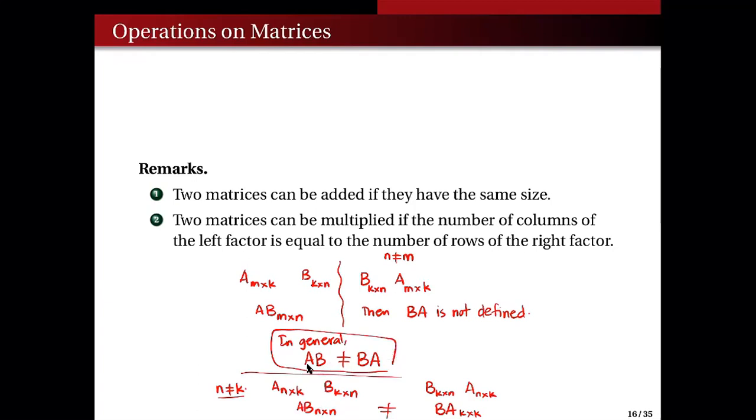Or the product AB has a different size from the product BA. And even if they have the same size, it's possible that the entries are not the same. So there are a lot of factors to consider.